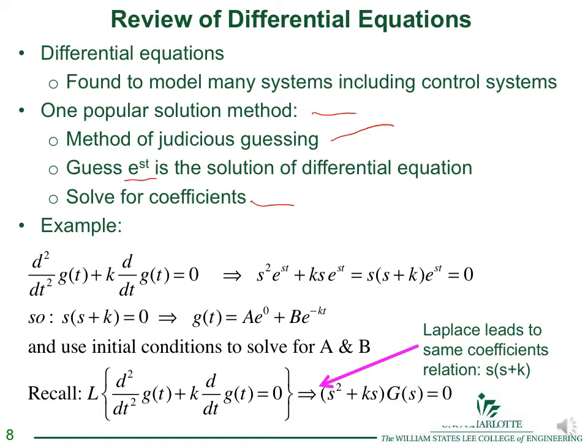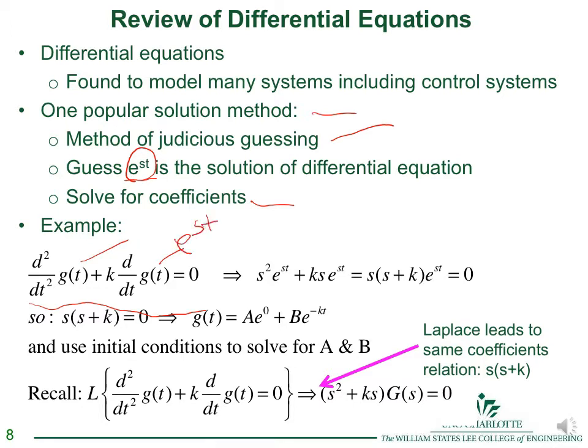Let's quickly review this as an example, if you haven't seen it for a while. If we have a differential equation, some function g(t) we don't know is going to solve the differential equation. So we just plug in e^(st) for g(t).